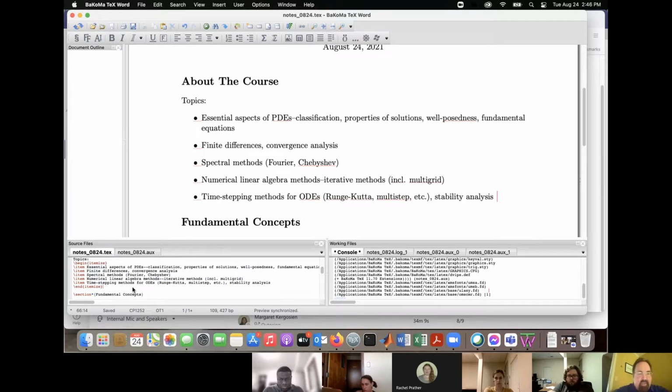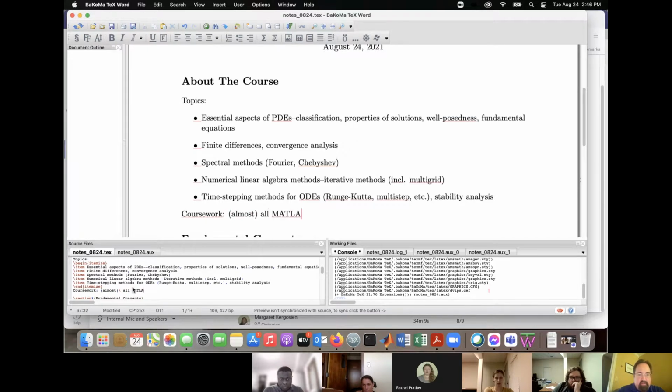Okay. As for the coursework involved, the homework. Most of the homework, with the exception of the very first problem, is pretty much all MATLAB, or answering questions about how the code behaves, and possibly with some analysis thrown in.